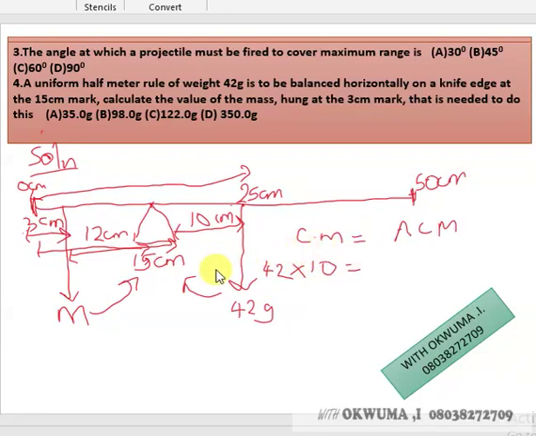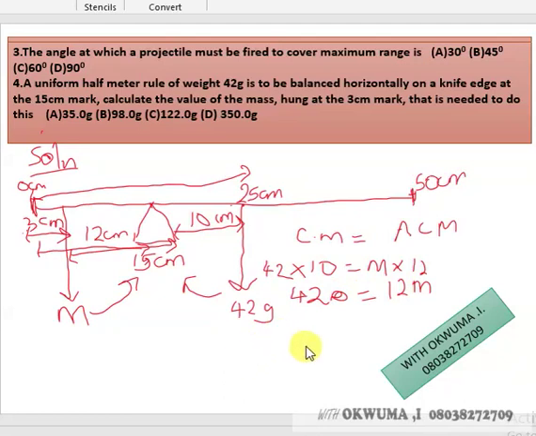That is equals to the other mass, m, then the distance to the pivot from here to here is 12. So here 42 times 10 will give me 420, will be equals to 12 m.